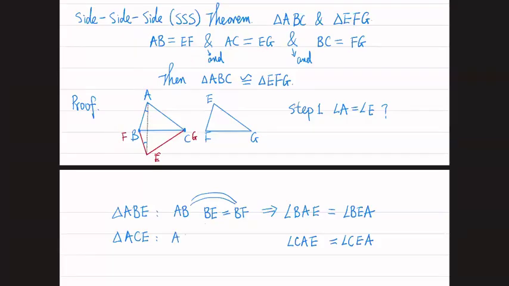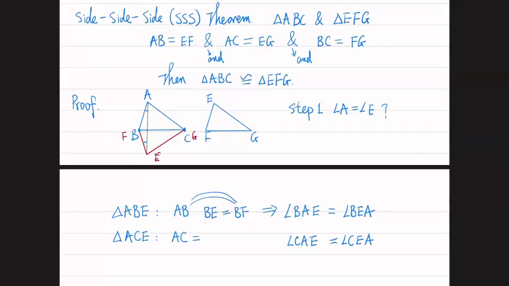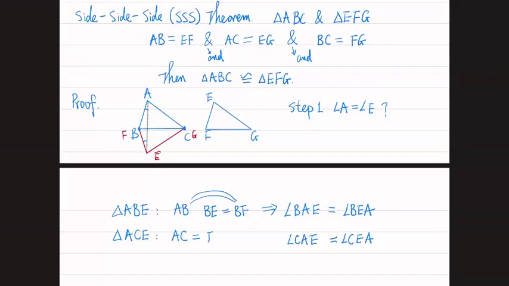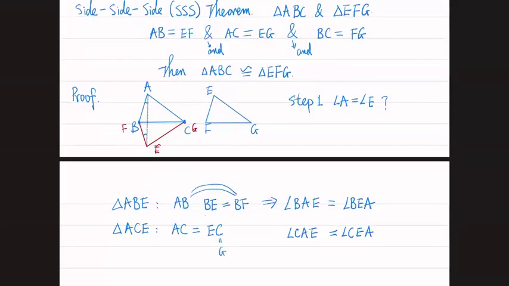So AC equals EG, because E is the same as G, C is the same as G. So for this triangle, the two sides have the same length.